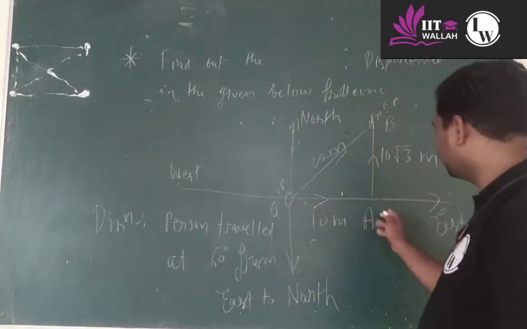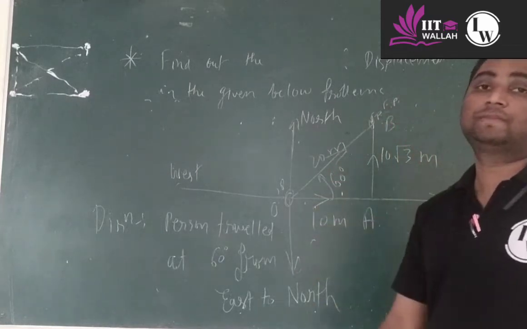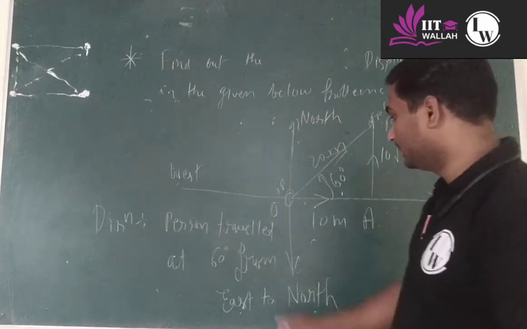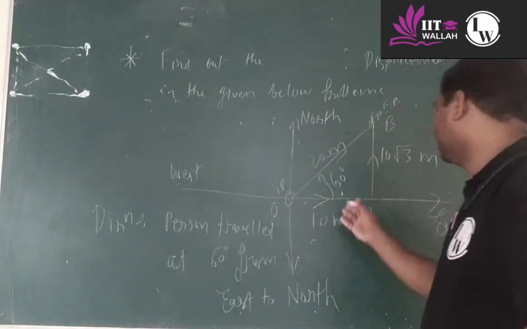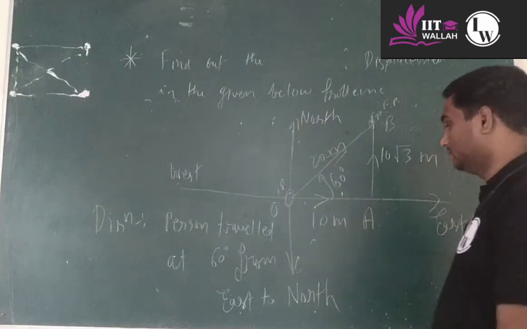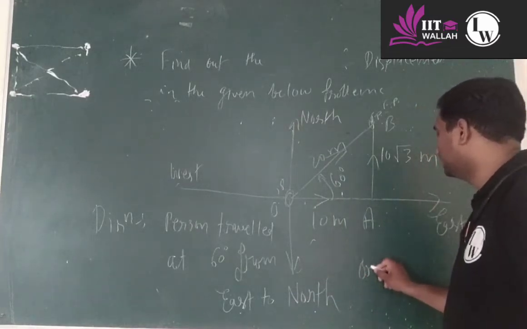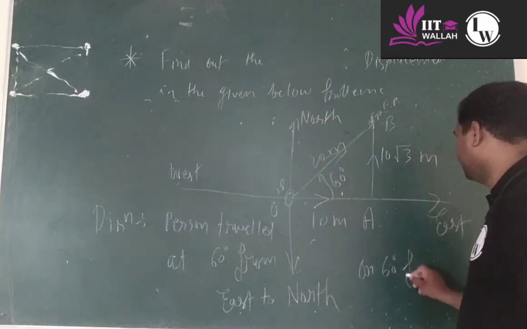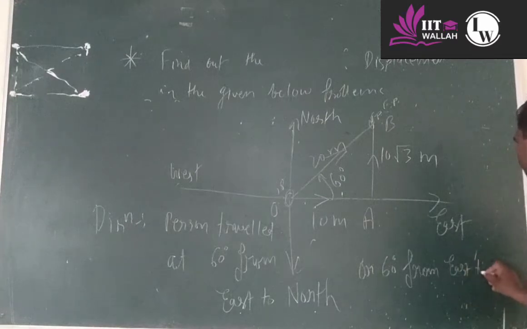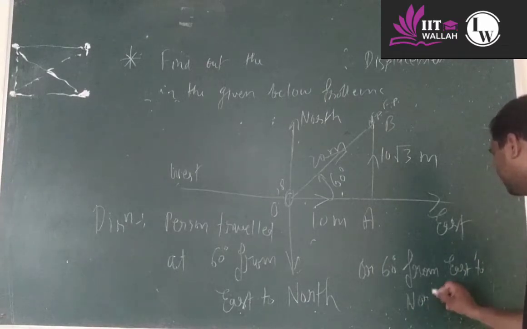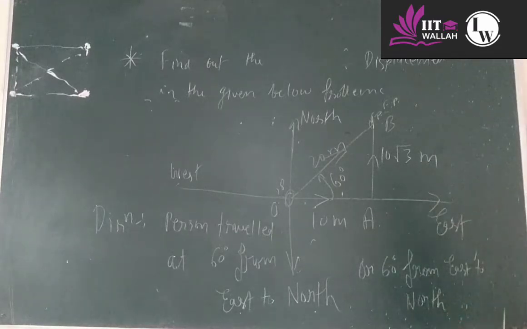So the person travels at 60 degree from east to north. I think it will be clear to all of you.